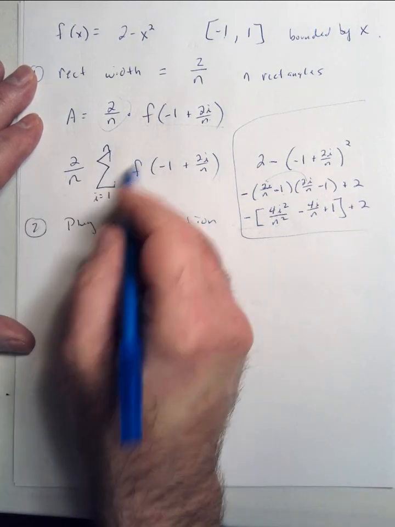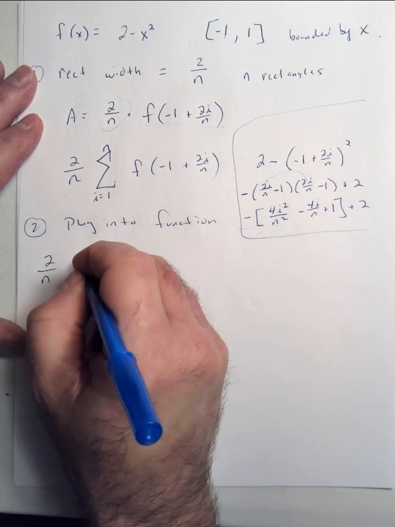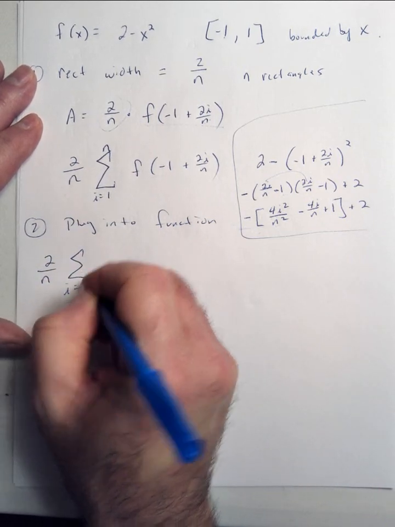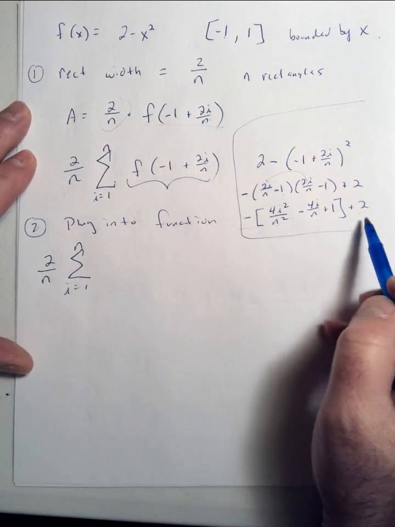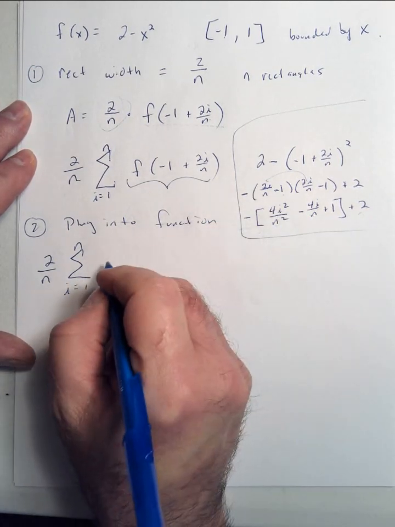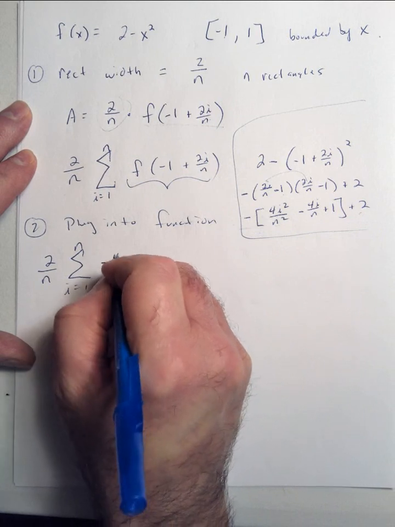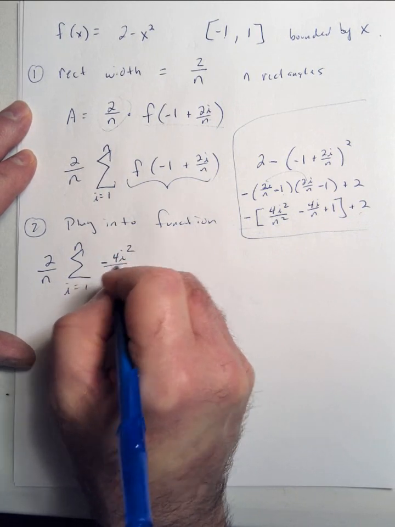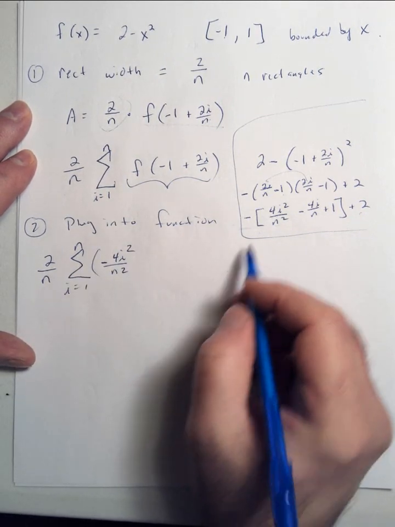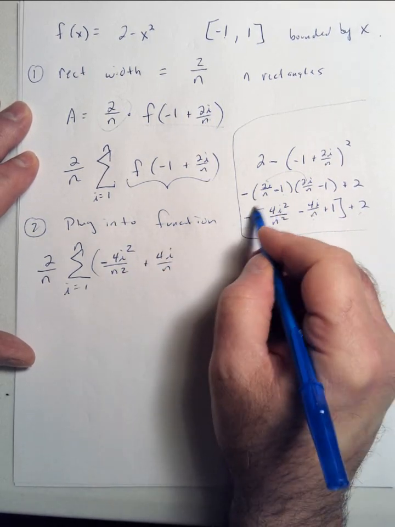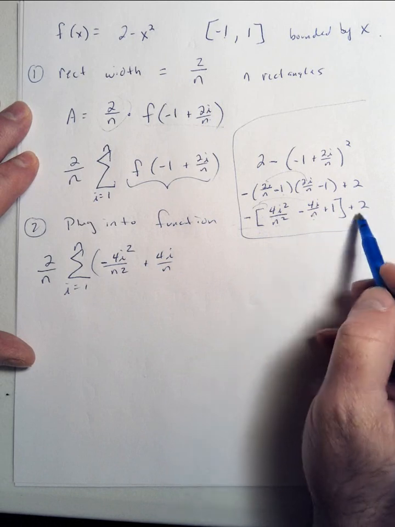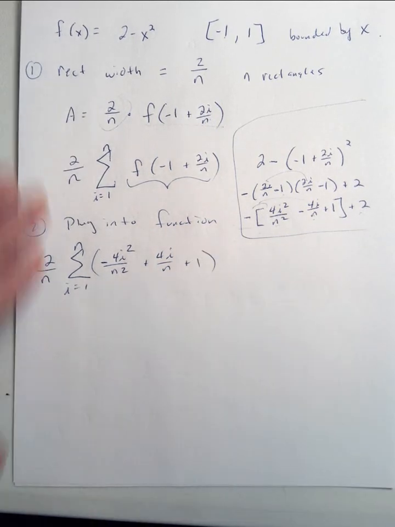Alright, so coming back to this, we have i goes from 1 to n, and this is here, so I'm going to go, I got a negative 4i squared over n squared, I've got a positive 4i over n, because I'm distributing that. And then I've got a 2 minus 1, which is a plus 1.